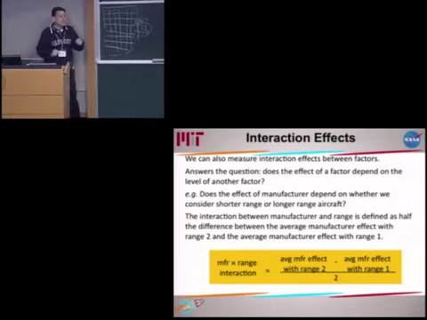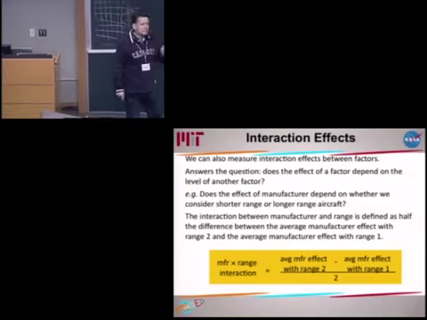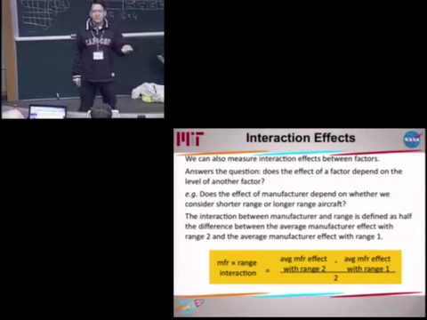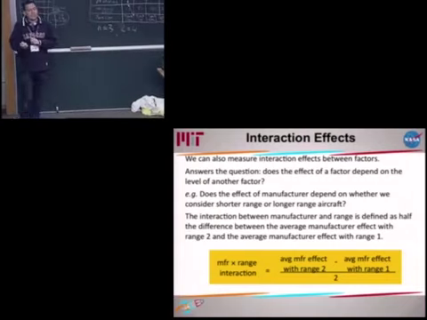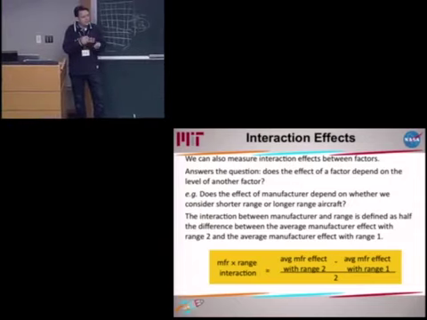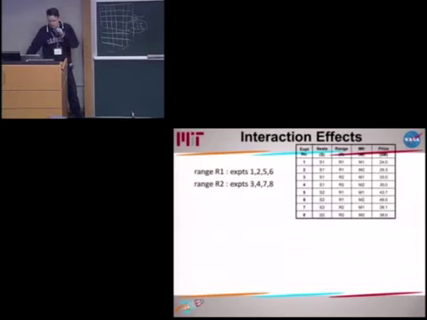So in other words, it could be that Boeing really discounts its long-range airplanes quite heavily, or the opposite, that Airbus is actually more expensive in the shorter haul airplanes, right? So we would want to know whether there's an interaction effect between those two.